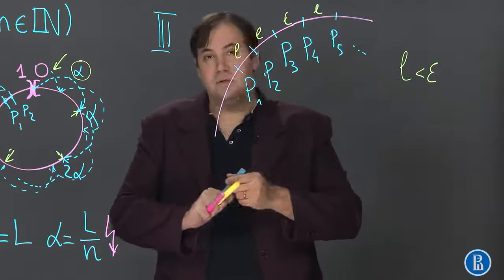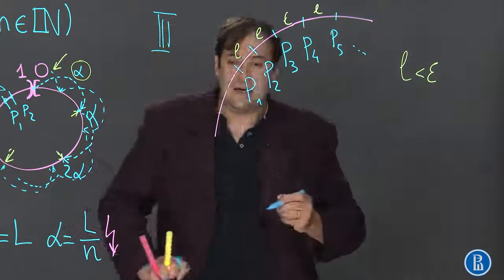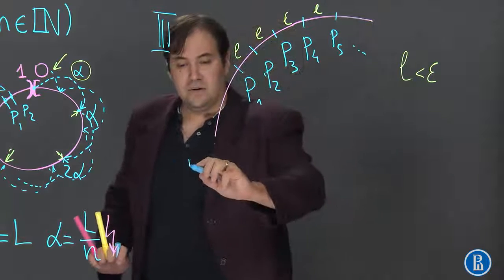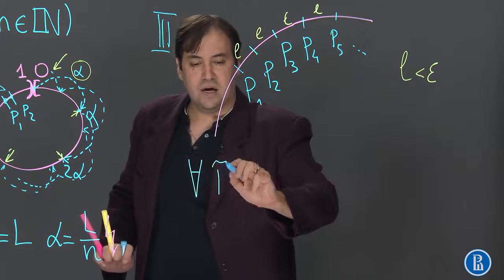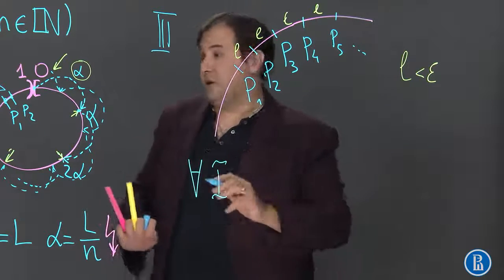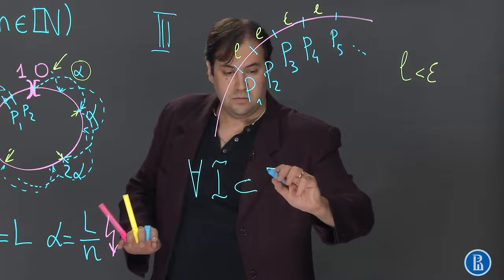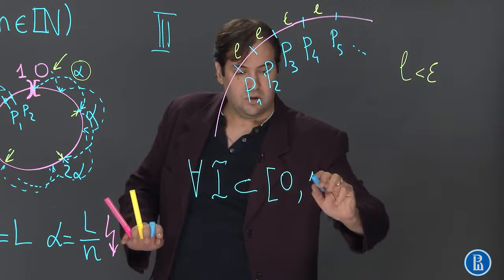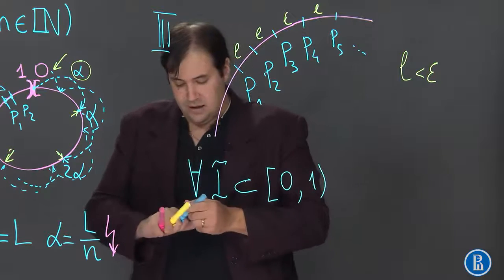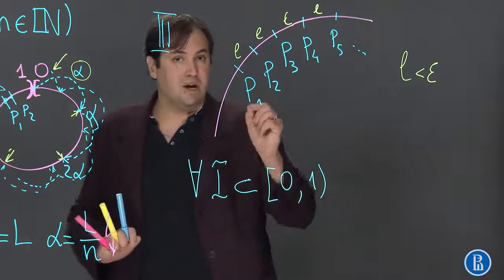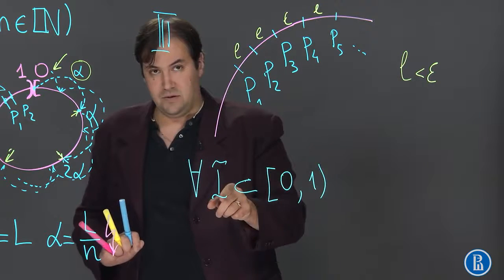From this it follows, our third observation, that for any interval I belonging to 0, 1, there will be a marked point inside this interval.